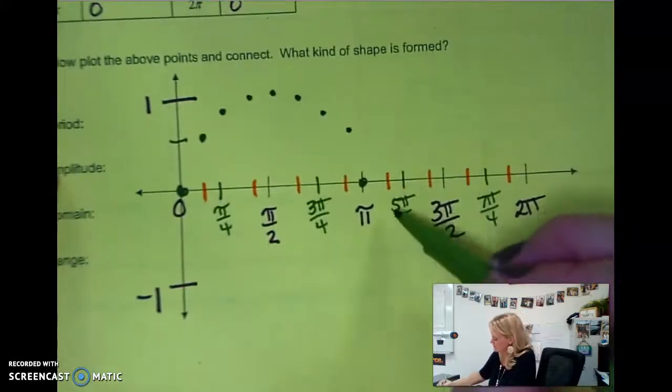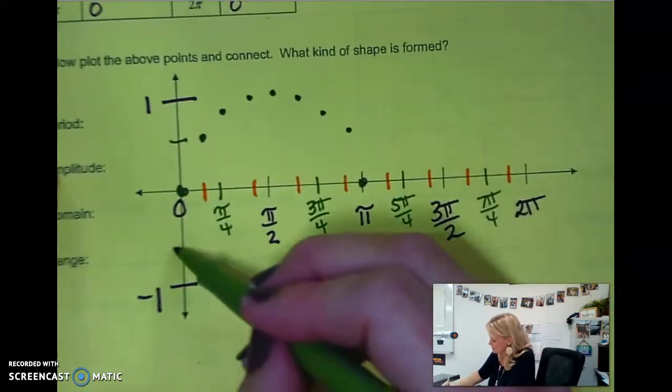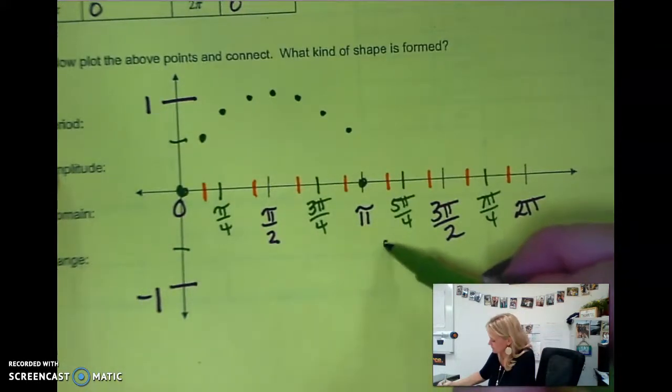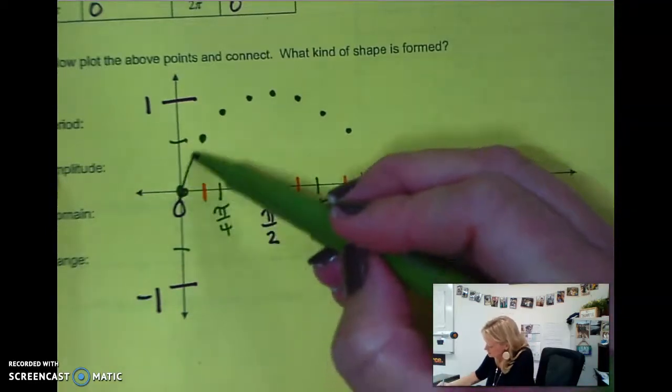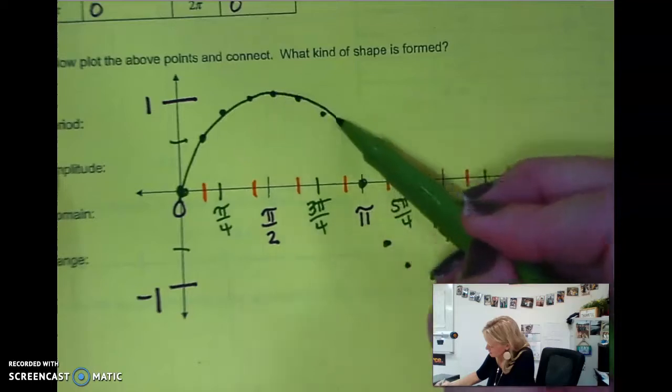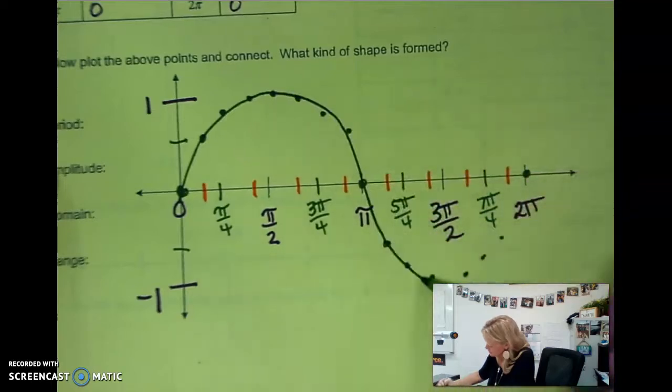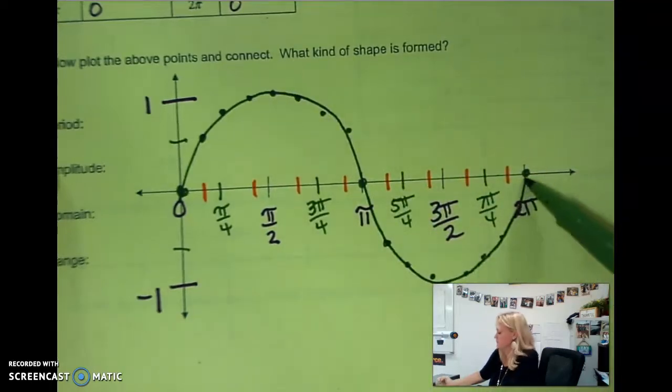And now the negative values start forming. Again, there's my half, negative 0.71, negative 0.87, negative 1, and so on. So what we see is this really pretty curve, and that is the most important part of this whole thing.